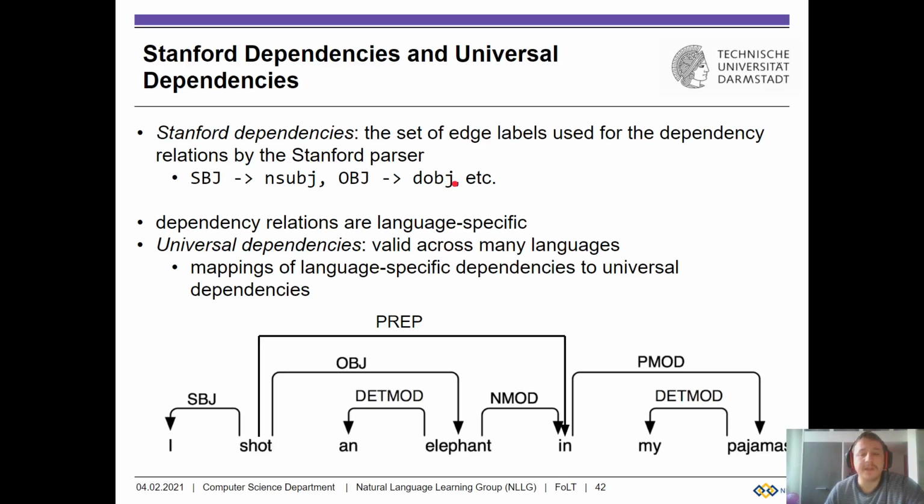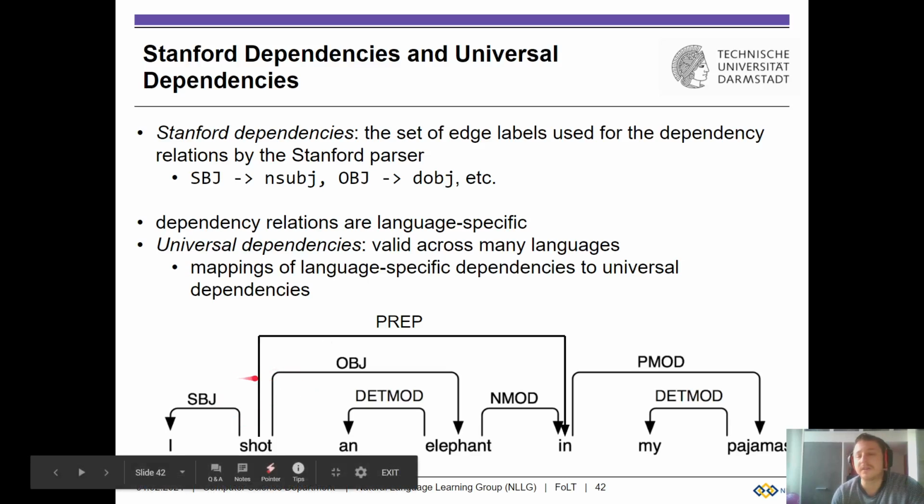However, those dependency relations in Stanford dependencies are language specific, so you have different ones for English than you have for Turkish or German. And when we go to universal dependencies, one tries to map those relationships to universal relationships that are valid across different languages. And this results in different terminology also. For example, the nsubj becomes SBG.